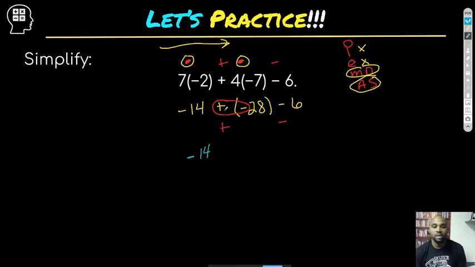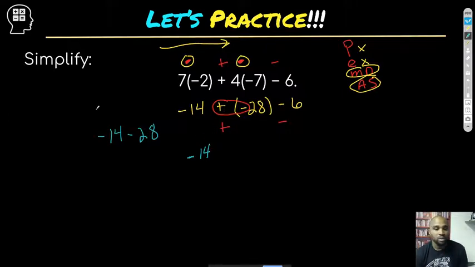What's the same thing as -14 plus a -28? Well, in the previous lesson, I talked about how -14 plus a -28 is the same thing as -14 minus 28. Some people just like to add the plus sign there. But you got -14, like you lost $14, and you added another loss of 28 to it. So really you're just combining these two negatives and getting a total loss of something.